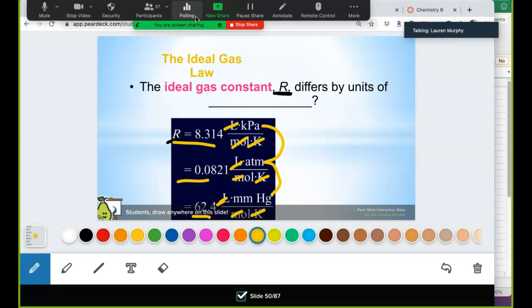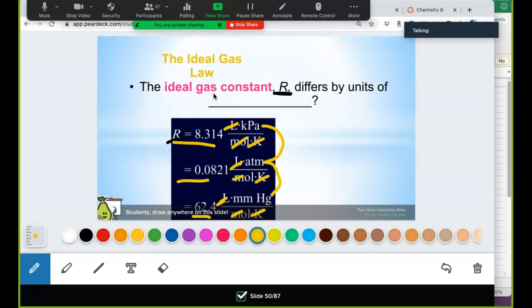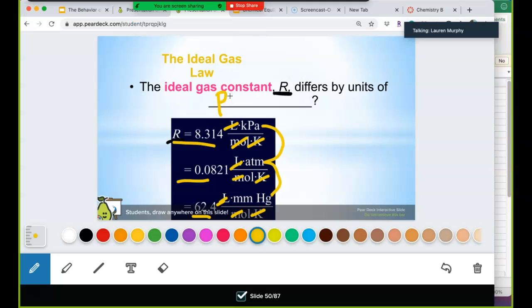What do they measure? What property? Pressure, okay? So that's the only thing they change by, are units of pressure, okay? So this one is for pressure in kilopascals, this one is for pressure in atmospheres, and this one is for pressure in millimeters of mercury, or torr. Don't forget about torr.